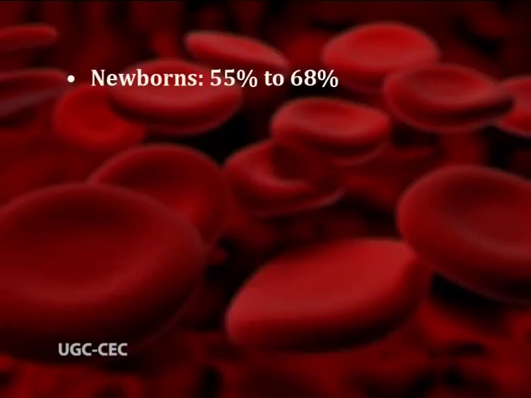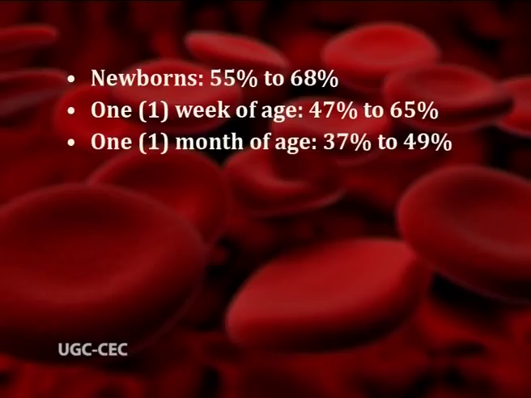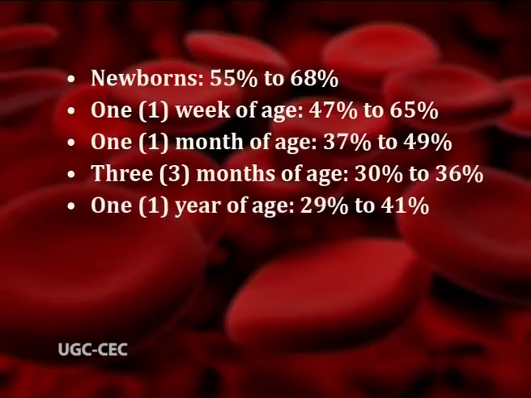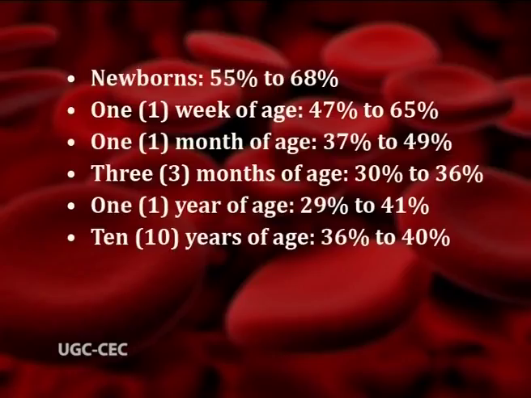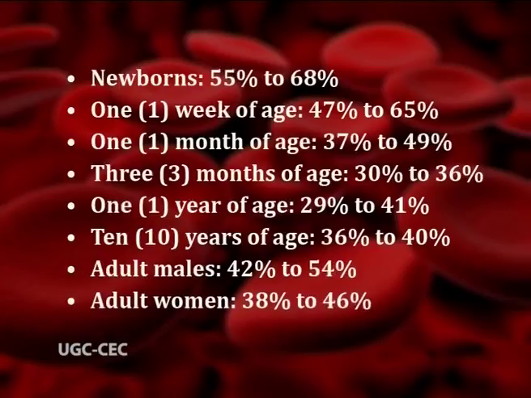The normal ranges are: in newborns between 55% to 68%, at 1 week of age between 47 to 65%, at 1 month of age between 37 to 49%, at 3 months of age between 30 to 36%, at 1 year of age between 29 to 41%, at 10 years of age between 36 to 40%, in adult males between 42% to 54%, and in adult women between 38% to 46%.